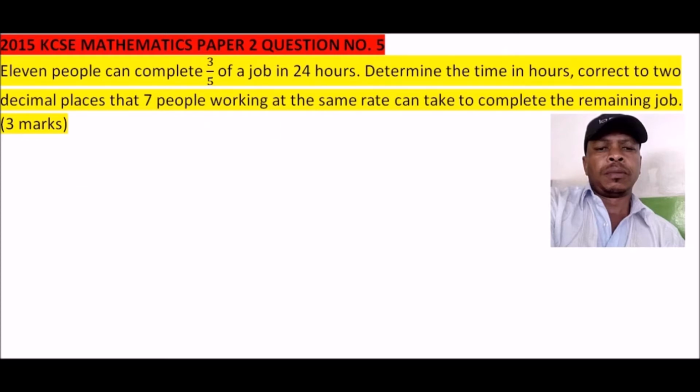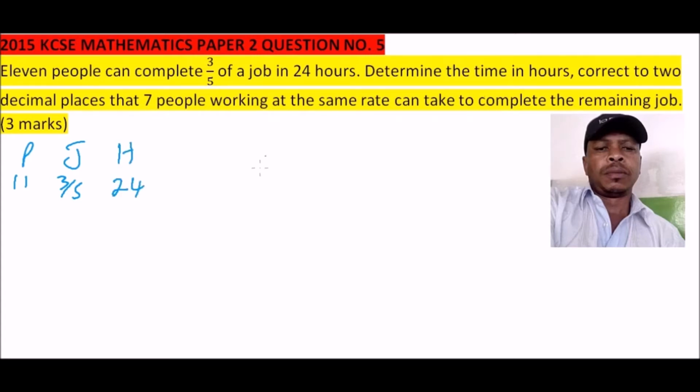Now, for us to be able to do this, let's say P represents people. We had 11 people that did the job. Then we say 3/5 of the job was completed in 24 hours.